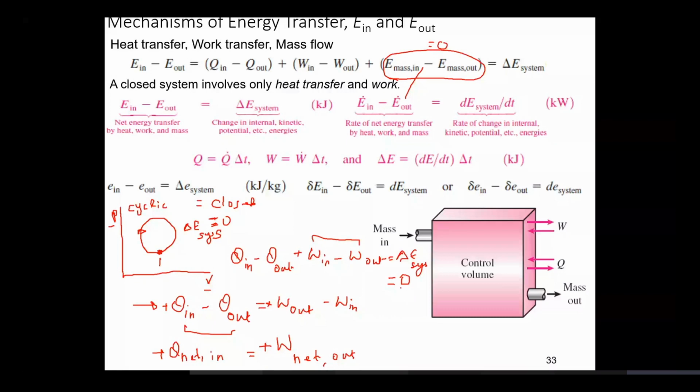If there is any other process, going from state 1 to state 2, there would be some change in energy of the system. If your system moves from state 1 to state 2, then there would be a change in energy of the system. The change in energy would not be zero in that case. Clear? I hope the point is clear to you why I am writing Q net in and work net out.